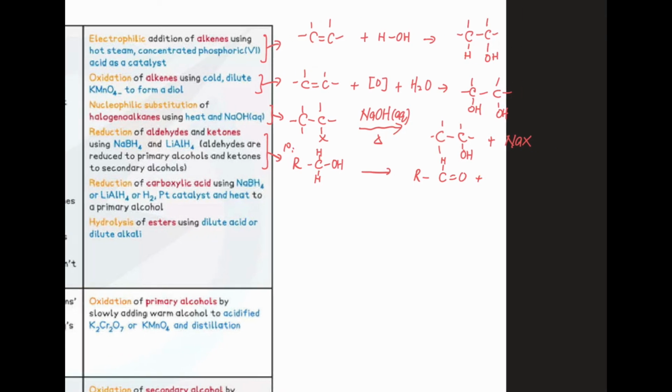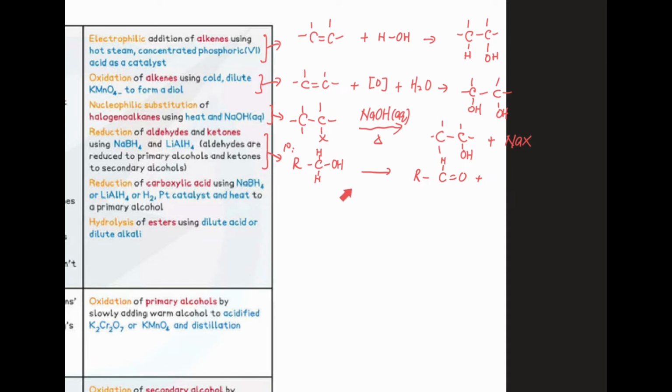Plus, okay, first you can see from here, maybe I put arrow, this hydrogen disappears, this hydrogen also disappears, and then here becomes double bond. So two of these hydrogens will form water, dehydration.